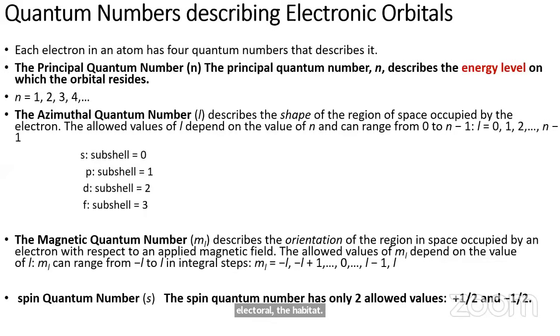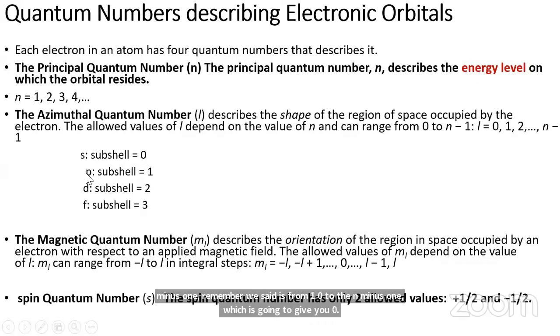The s orbital has a spherical shape. The d orbital has its own, the p orbital has its own, and so on. So what this quantum number describes is actually the subshell. For the s orbital, L equals 0, because for s orbital you have 1 minus 1. Remember, we said it's from 0 to n minus 1, which gives you 0.